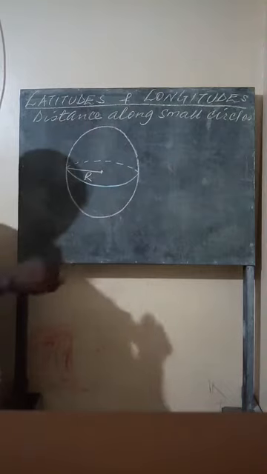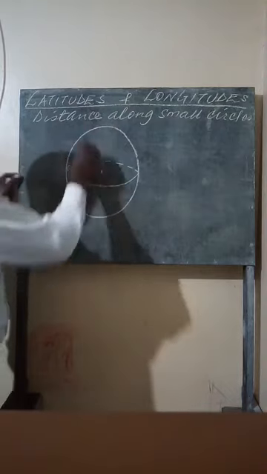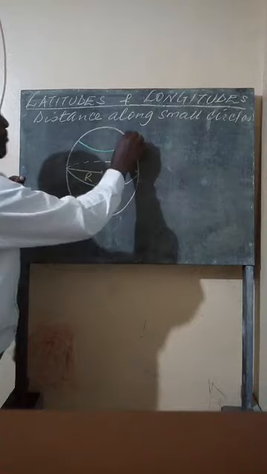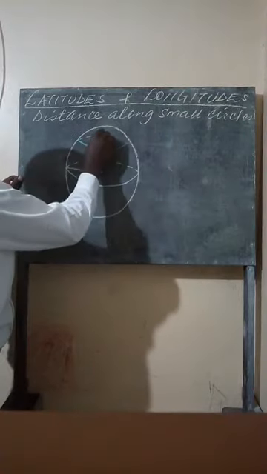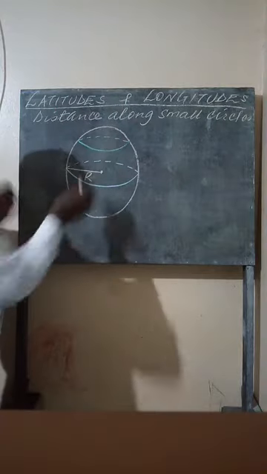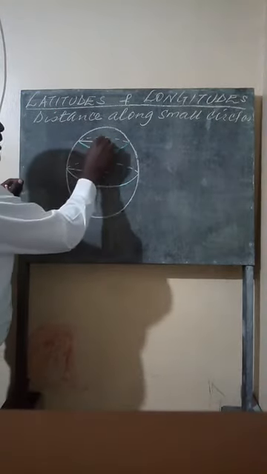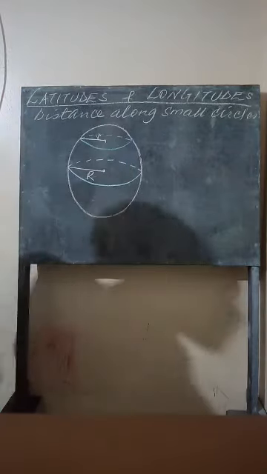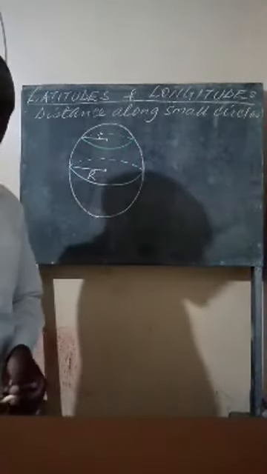So I'm going to take an example here of a latitude which passes through this point here. So that latitude passes through that point, and it also has a certain radius. We're going to use a small r because we want to differentiate between a great circle and a small circle. So that a small circle here has a radius r.